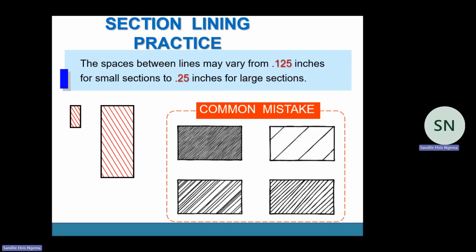Thirdly, your sectional lines should be equally spaced apart. And lastly, your sectional lines should be parallel to one another. So those are the 4 areas that you need to adhere to and consider whenever you are drawing sectional lines. I hope that one is clear. Okay, let us move further.